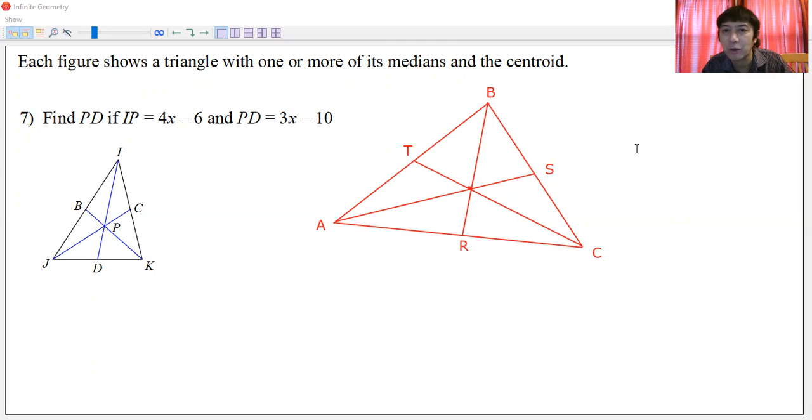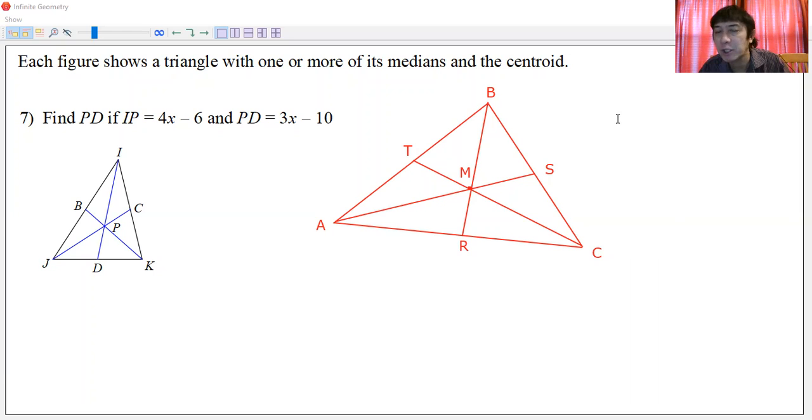Now let's call the centroid with another letter. Say we put here M. There. We're now going to study the relationship of the segments.